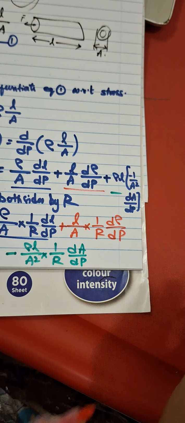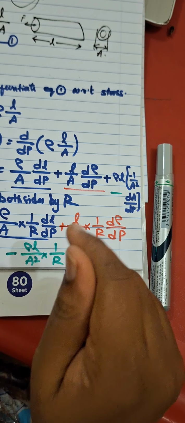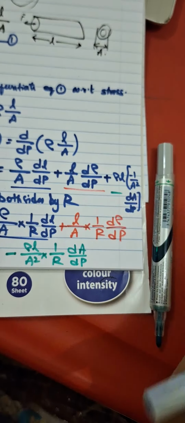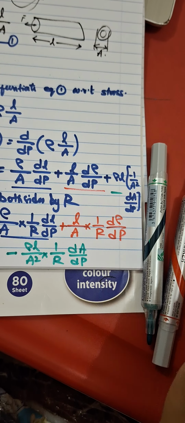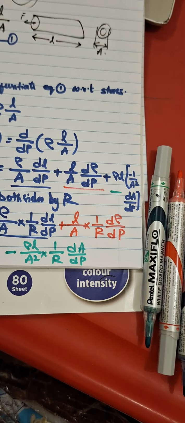So these are our three terms. Now let us solve it clearly. Now what happens to the equation?